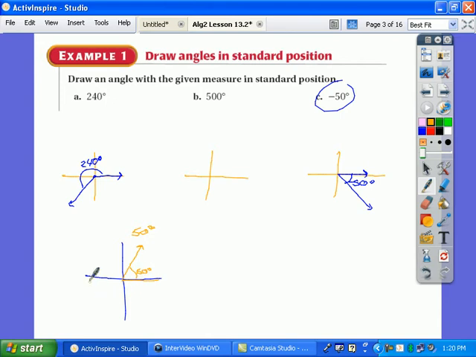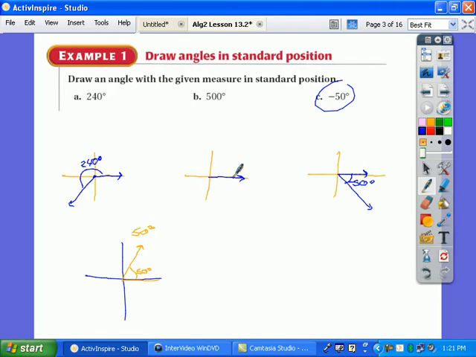So now let's talk about 500 degrees. Where would an angle of 500 degrees be? If I do a full circle, how many degrees is that? 360. So I need to keep going if I want to get an angle of 500 degrees. After 360, I need to go another 140 degrees.